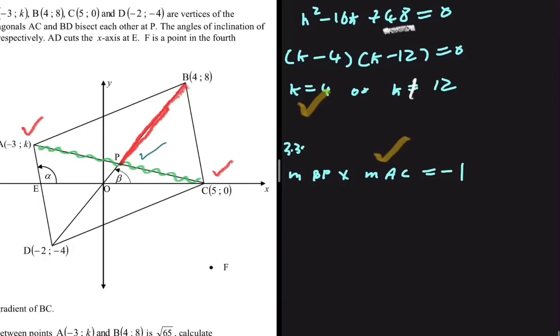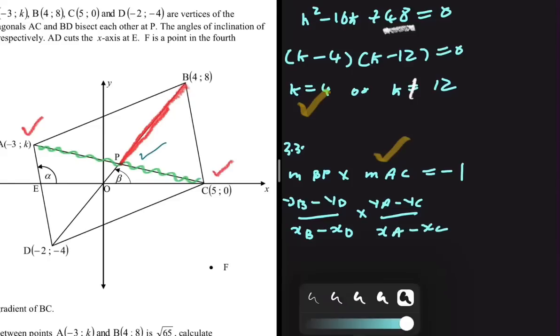For the gradient of BP, we're gonna say y of B minus y of D divided by x of B minus x of D, multiplied by AC. So let's say y of A minus y of C divided by x of A minus x of C, right?